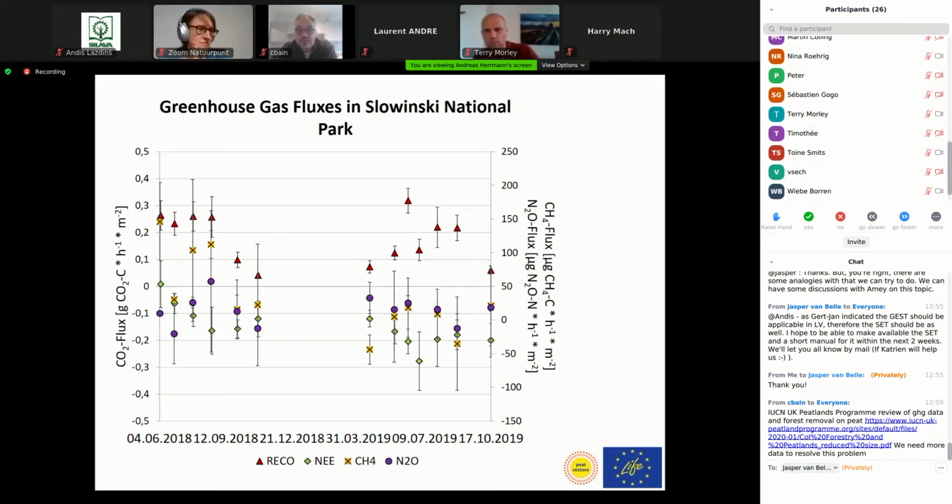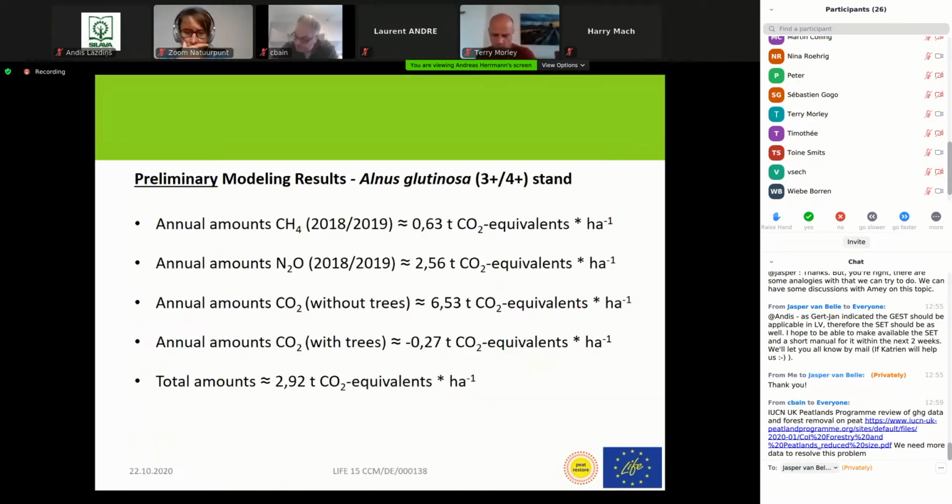And our first preliminary modeling results for this Alnus glutinosa stand in Germany show a very small sink. It's all together equivalent.